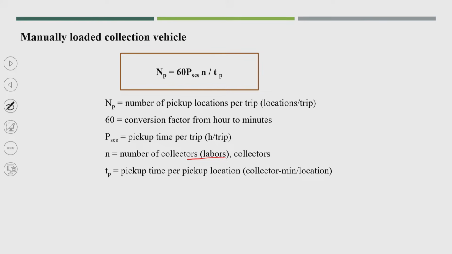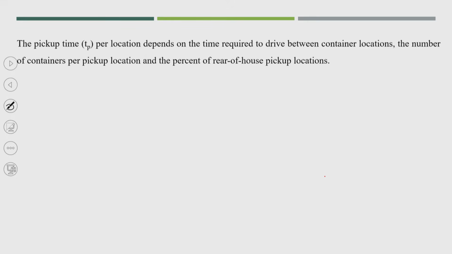If you know the TP value, the pickup time per pickup location, based on that we can calculate the number of pickup locations. This 60 is there because the unit of TP is collector-minute per location, so it is only the conversion factor from hour to minute.